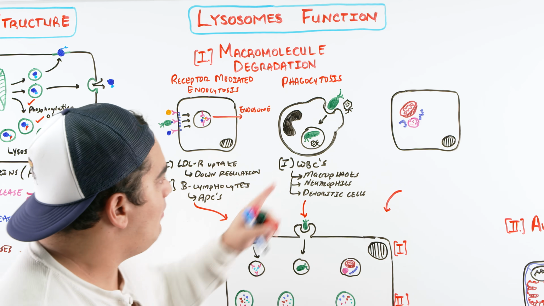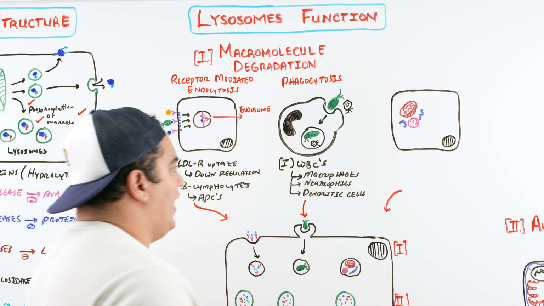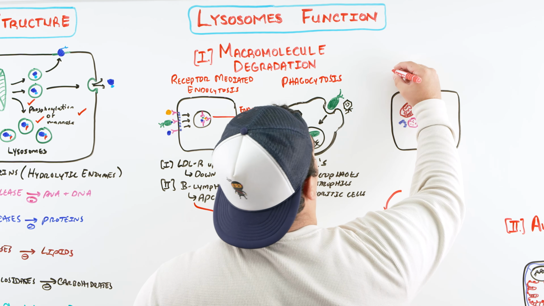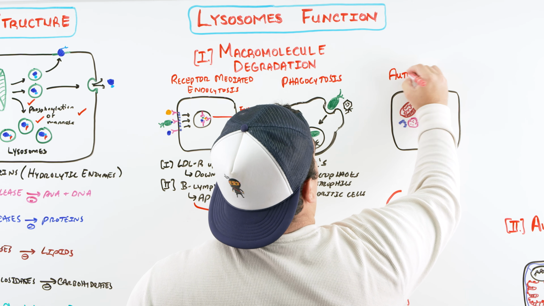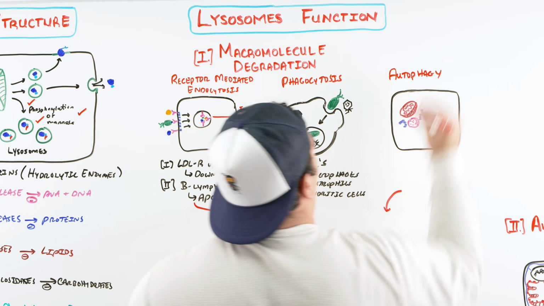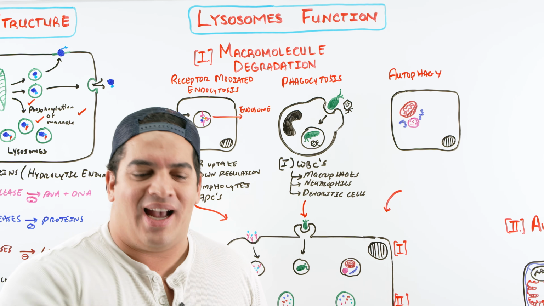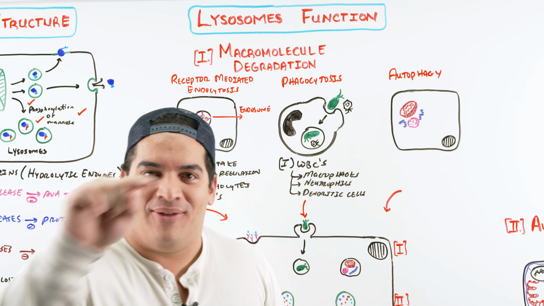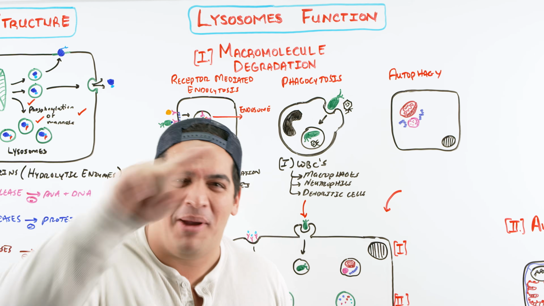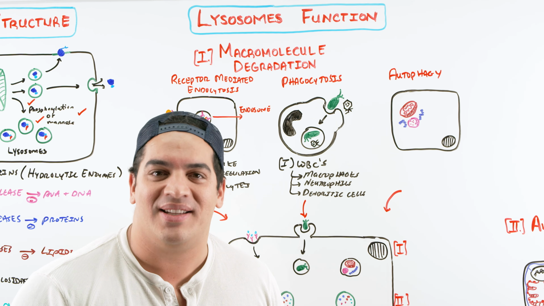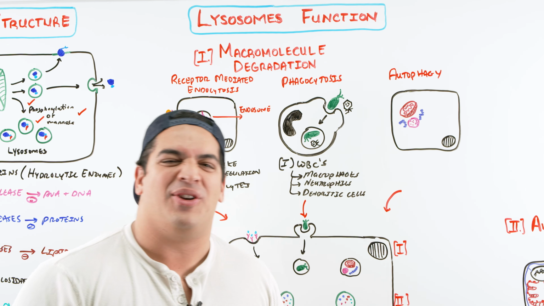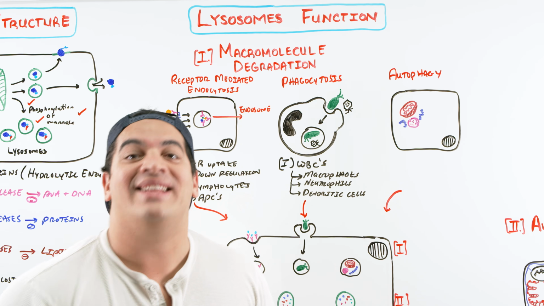All right. The last one here is a really interesting one, and this is called autophagy. It's another way that we don't necessarily bring things into our cells. We form a membrane around already present organelles and proteins that are defective and old inside of our cell.